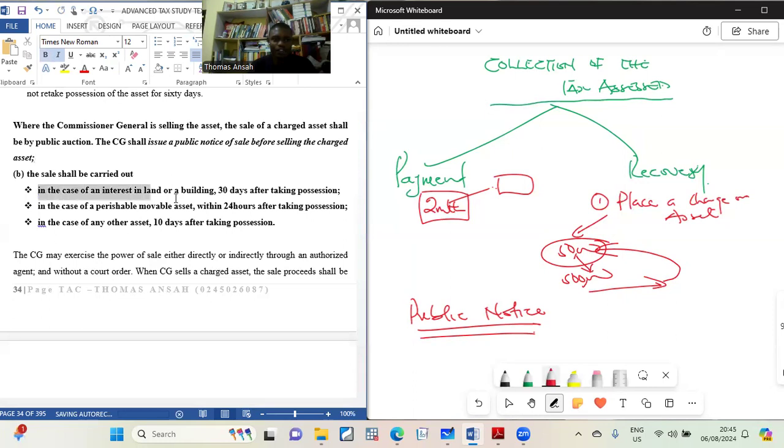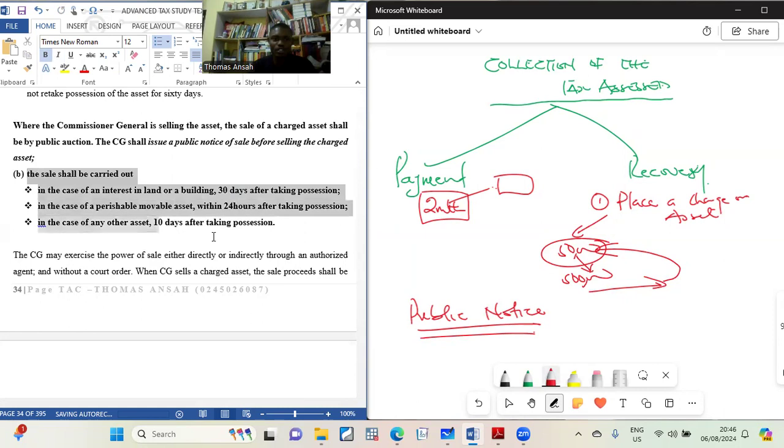In the case of an interest in a building, he has 30 days after taking possession to do the auction. In the case of perishable goods, he has 24 hours after taking possession. And in the case of any other asset, he has 10 days after taking possession. So building 30 days, perishable goods 24 hours, any other case 10 days.